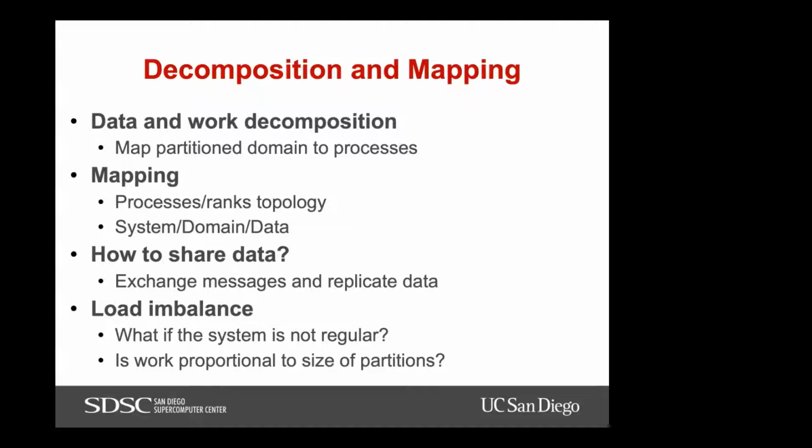Typically, a lot of the solvers are doing some kind of PDE or some number of grid points, or some locality is there, so you can partition based on that. You can take the domain and break it up based on the processes and the ranks topology.